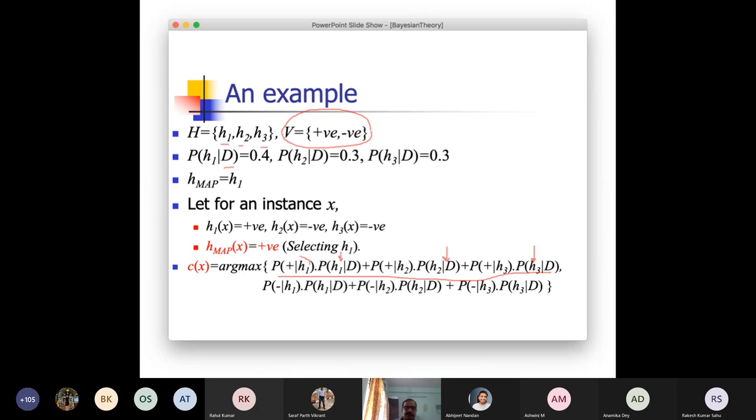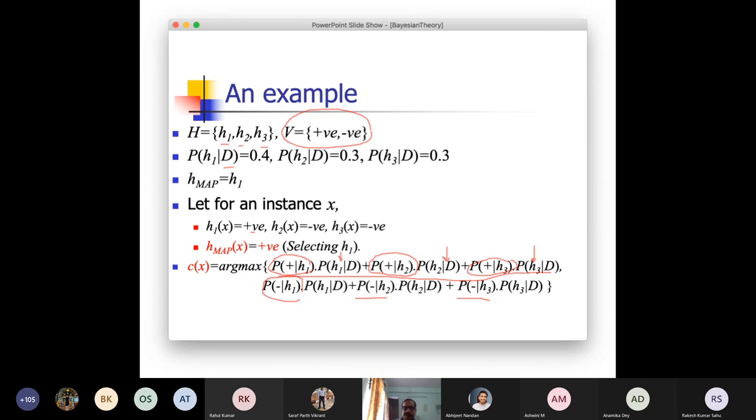Naturally, this probability is equal to 1 given this fact. But what about this probability? This probability is equal to 0, and this probability is equal to 0. Is it clear? Similarly, for the negative label, you do the same computation. Here this probability is 0, but this probability is 1, and this probability is 1.